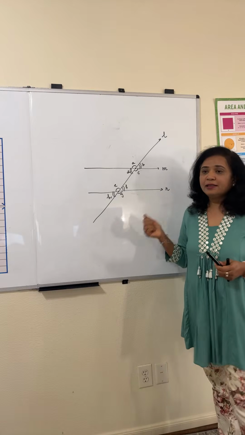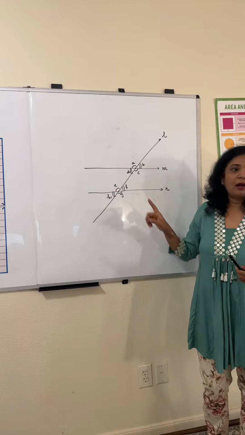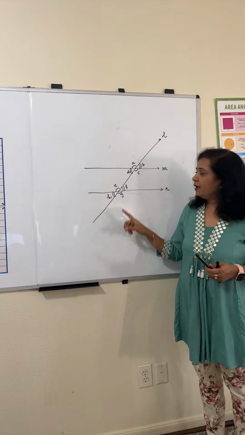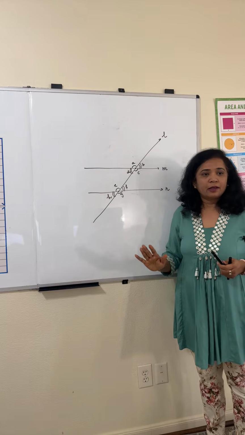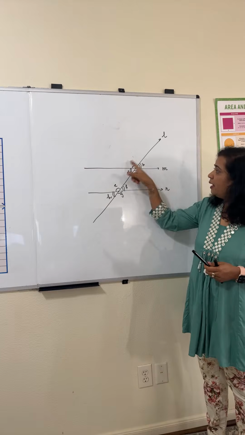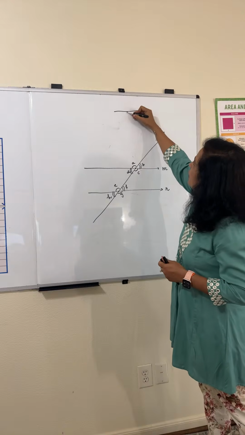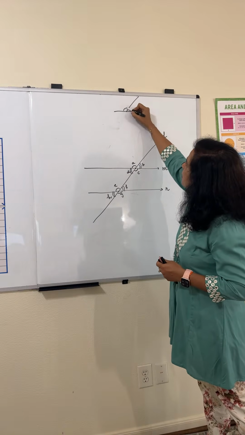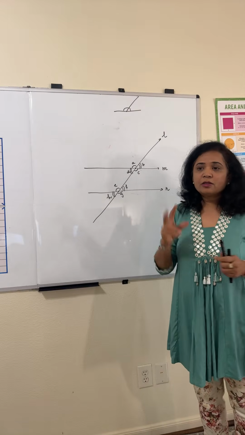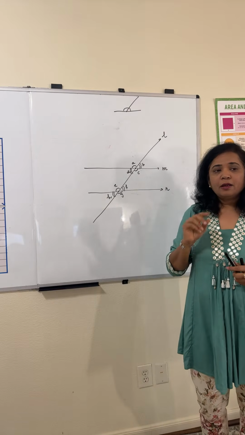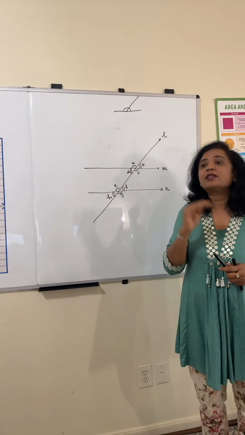So A and C, E and G are vertically opposite angles, and H and F, D and B are also vertically opposite angles, right? And A and B: when there is a straight line and you make angles like this, they make a linear pair. The sum of two angles is 180, but they have to be adjacent, next to each other.